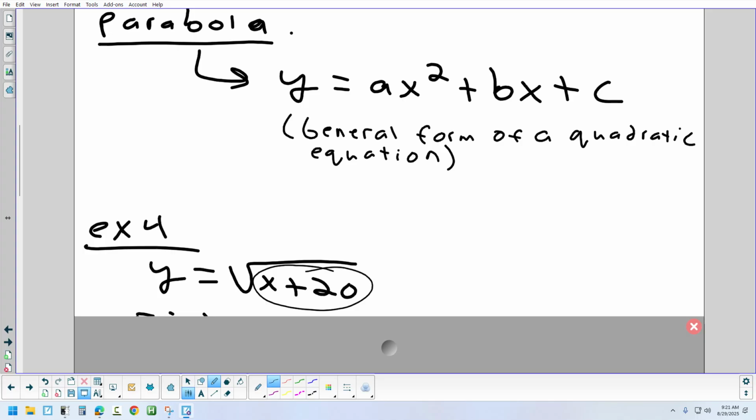Yep. Positive. That's a lot of them. There's one more you can take the square root of that's not positive. What else? Yep. 0. So in other words, we don't want a negative.